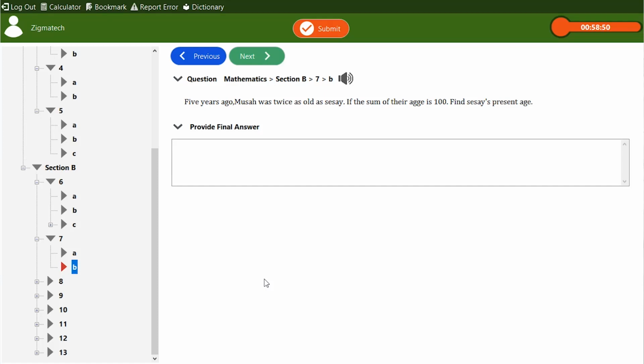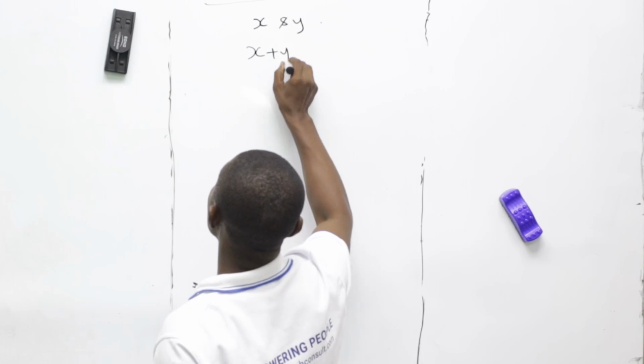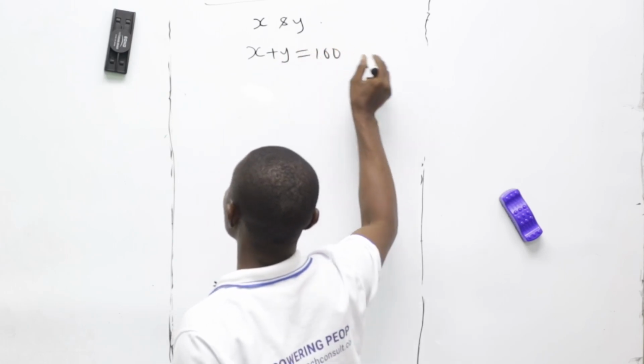Okay, 5 years ago, Musa was twice as old as Cisse. We don't know the age of Musa, we don't know the age of Cisse. Let their ages be x and y. Now the sum of their ages, x plus y, equals 100.